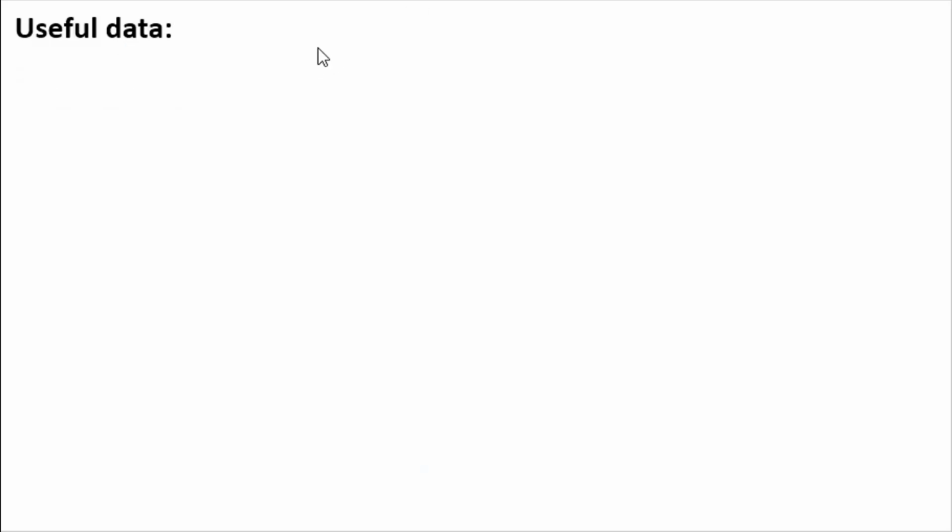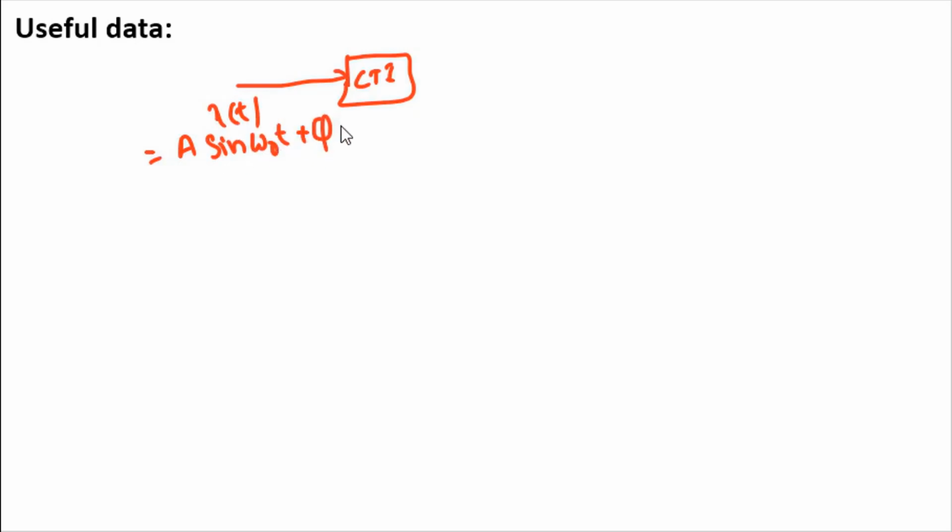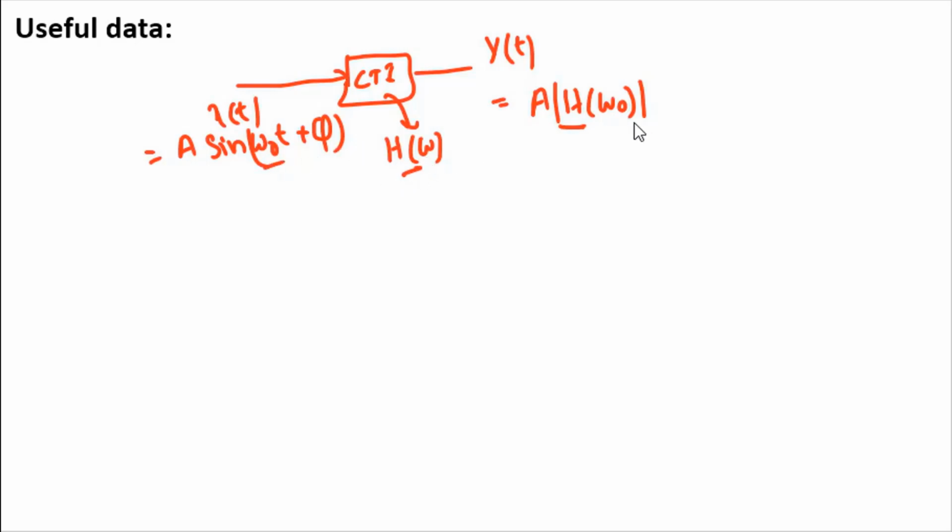So now the useful data for this question is, if you are given an LTI system and your input is in the form of a sinusoid, which is equal to A sin(omega naught t plus some angle phi), and the LTI system frequency response is given by H(omega), then your output y(t) will be A times the magnitude of H(omega naught), that is the magnitude of this transfer function at the input frequency, into sin(omega naught t plus phi plus the argument of H(omega naught)).